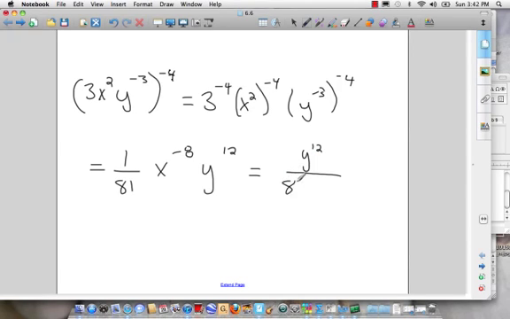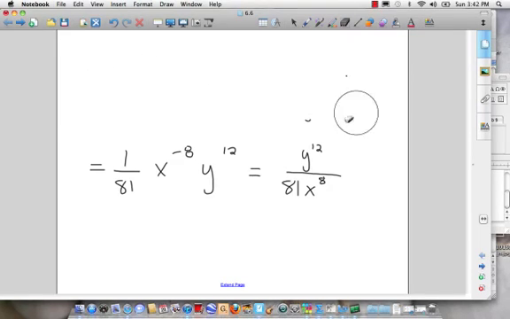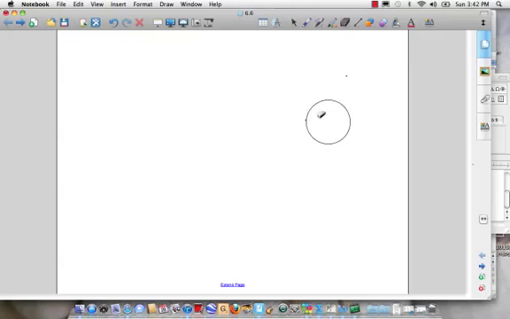The 81 is under the fraction bar, and the x to the 8th, I can make it a positive 8 by moving it to the denominator. Okay, so one of your homework problems will be a lot like that. You can certainly pause the video or watch it again later if you need a reminder of how to do that.